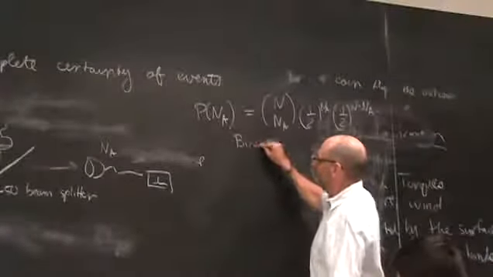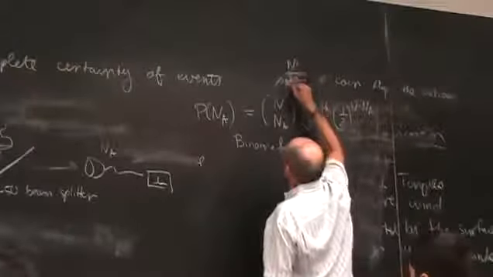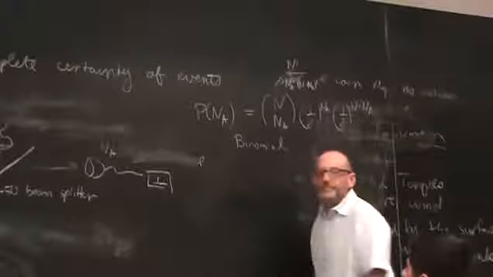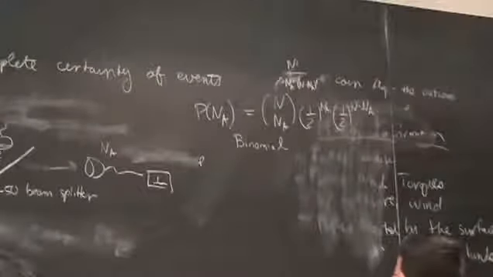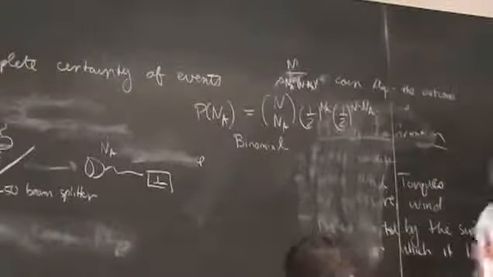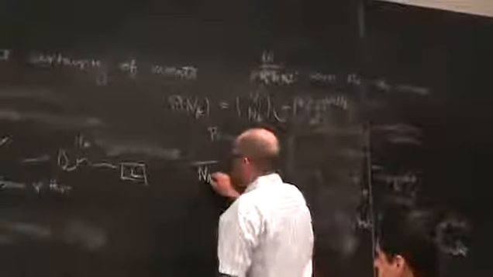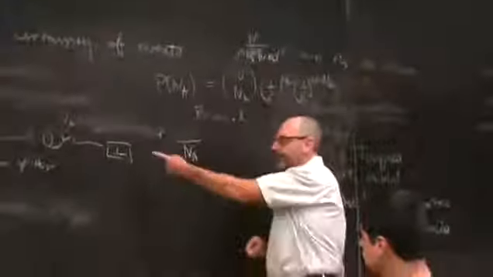This is n factorial over n_a factorial times (n minus n_a) factorial. But as in, the average number of photons I will see at this detector is what was suggested, this.